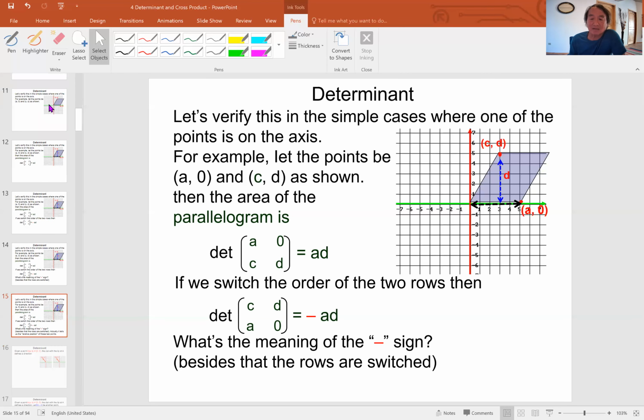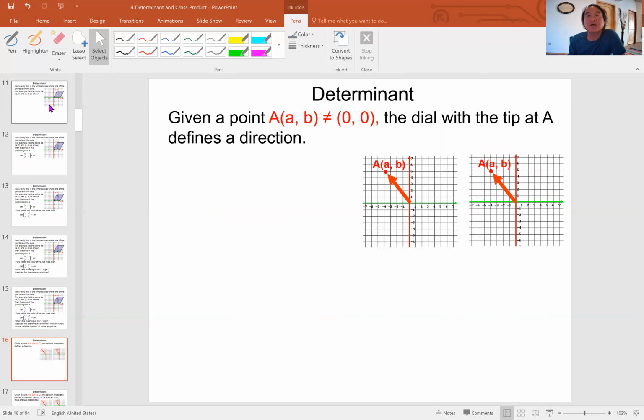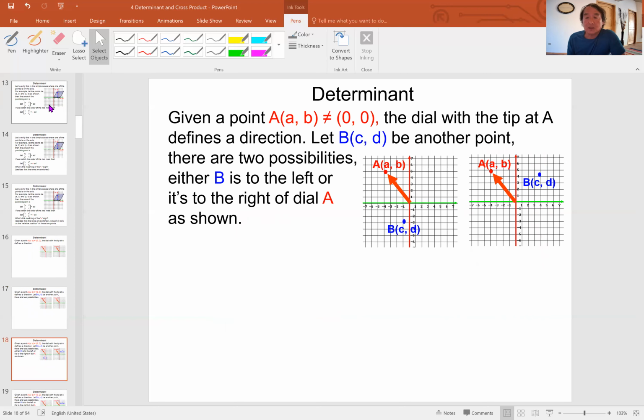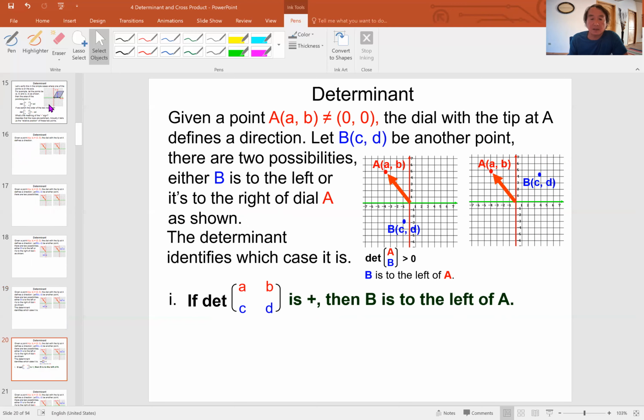In this case, what do you mean by the negative sign? Actually, it's telling you the direction. In mathematics, we call this the orientation. Suppose I have a point A, B, and another point C, D. The point is either to the left-hand side or the right-hand side, and depending on that, the determinant is positive or negative.